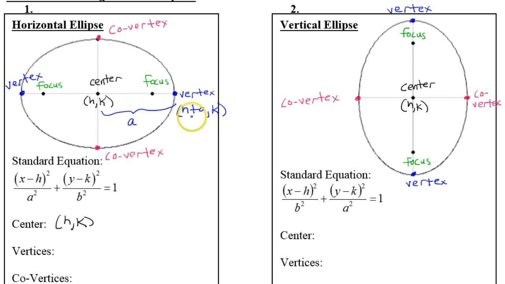Similarly, the vertex on the left should be at h minus a because we're going a to the left. And then k is still the y value. So you should be able to write these coordinates even if you don't have any numbers.